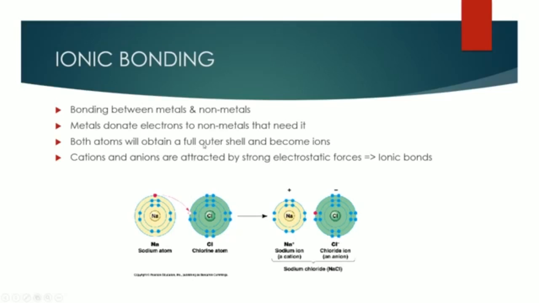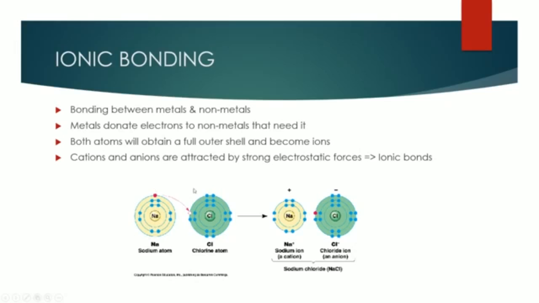Metals donate electrons to non-metals that really need it. So both atoms will obtain a full outer shell and become ions in the process. Cations and anions obviously have different charges. Cations have positive and anions have negative charges, and therefore they are attracted by strong electrostatic forces. Opposites attract. So when that happens, we call that ionic bonding.